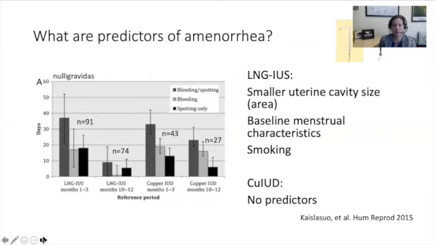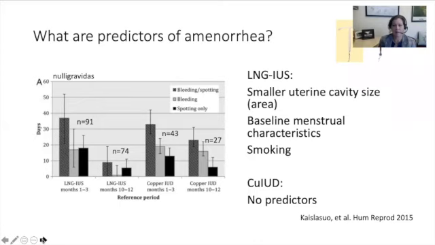Well, are there predictors of more favorable bleeding patterns? There are some conflicting results about the impact of parity. In this pilot study of nulligravid patients, bleeding during the first 90 days didn't differ between IUS versus copper IUD. In the second 90 days, 41% of IUS users had scant or no bleeding.